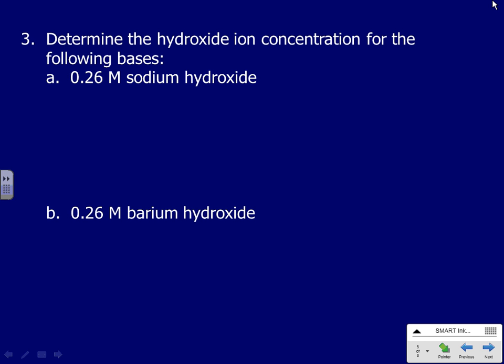Again, all of this hydronium and hydroxides are all going to be encountered in our lesson on pH. So when you deal with bases, it's the hydroxides you're interested in.